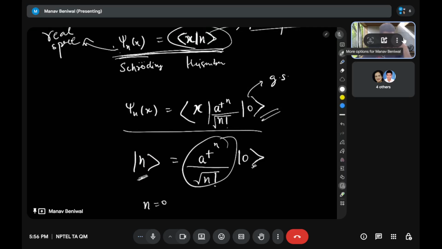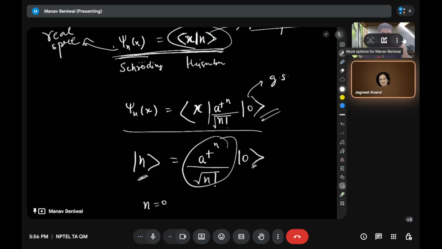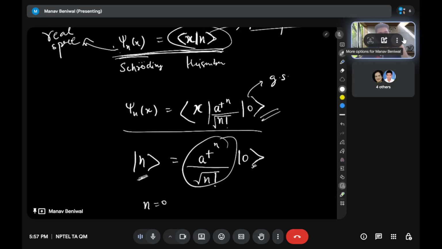But the expression for psi naught of x, how to evaluate it using this expression? That is not there. That basically we cannot do. We must know this state. Once this state is known, then we can write all this.